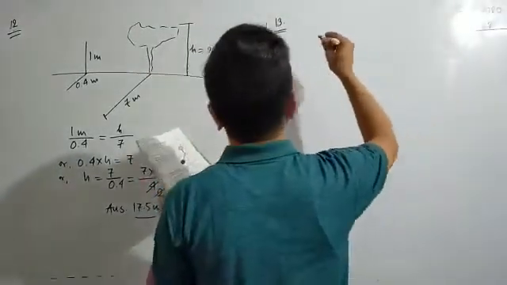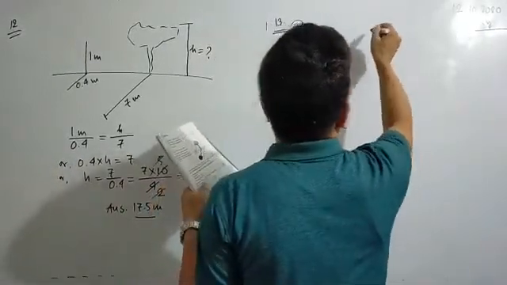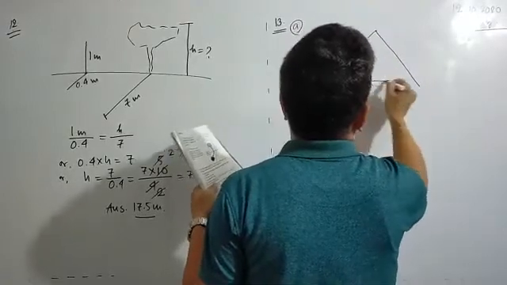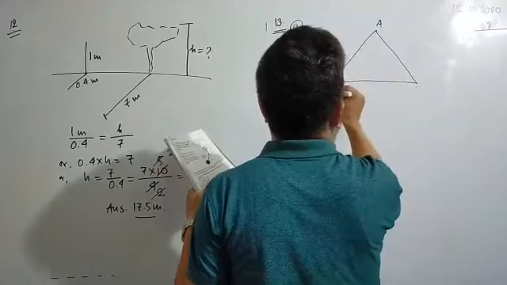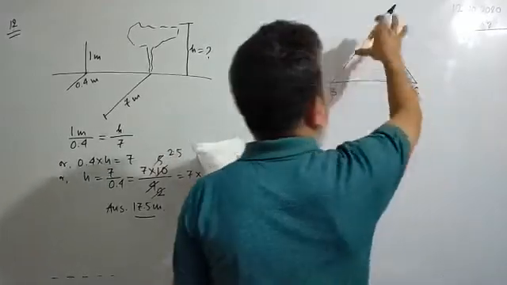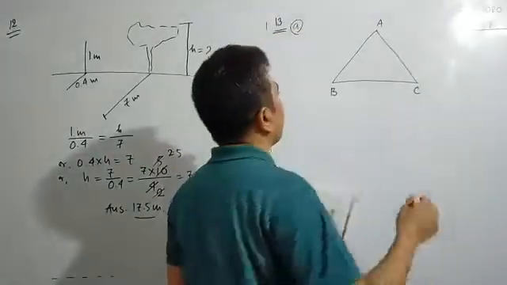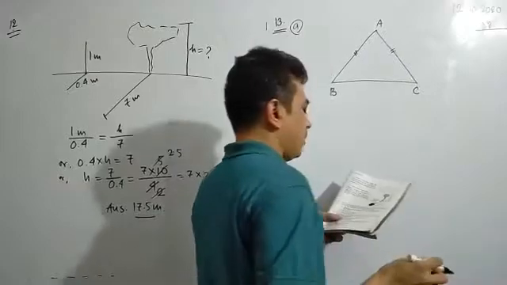Okay, so first you have to draw the picture. Look at that, A, B, C. AB equals AC, it's given in the question. D is the midpoint.